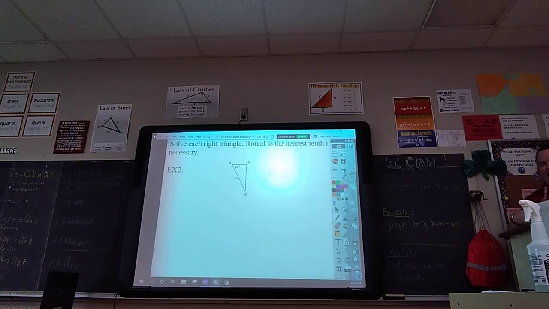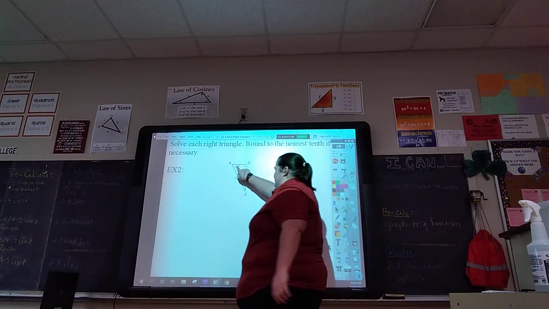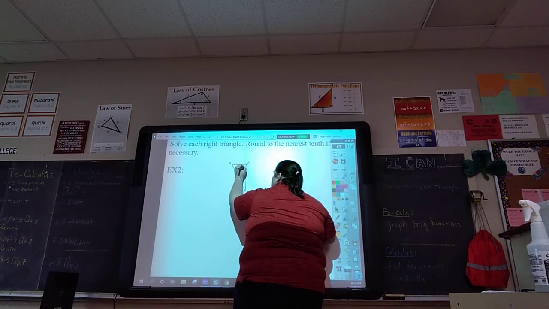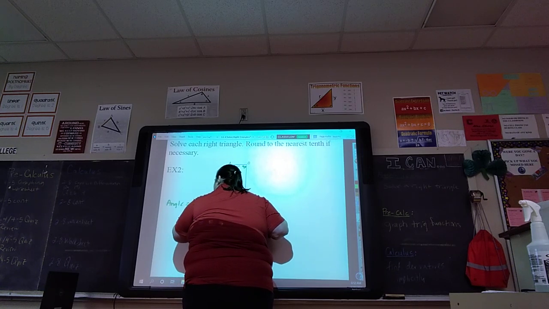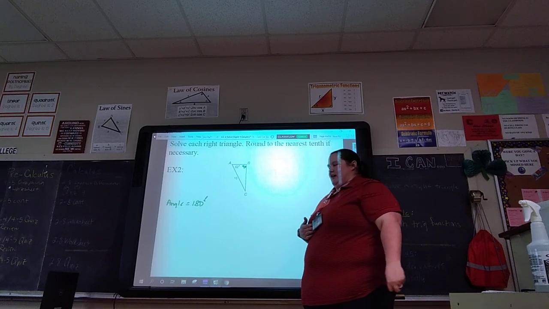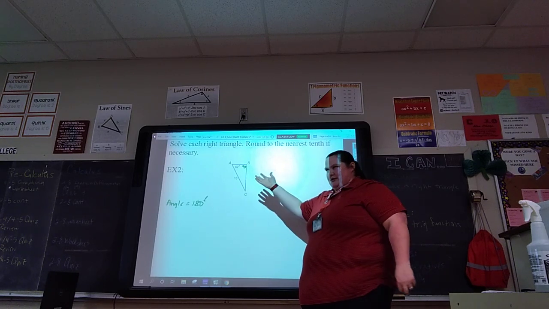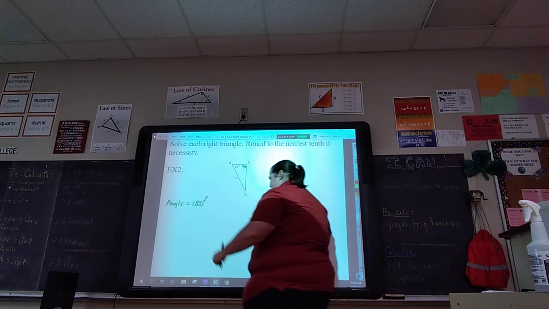So what's the easiest thing to find first? The other angle, yeah. Because if I already know these two, one's 62, one's 90, I can find angle C by just doing a couple quick subtractions. So I'm going to use the rule, and you don't have to write this every single time, but that way if you're looking back at the notes, you can think, okay, why did I use that to find that angle, using the fact that angles add up to 180 degrees.